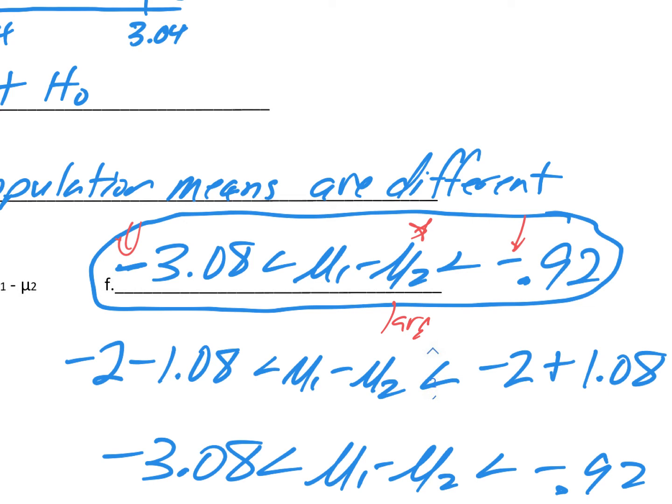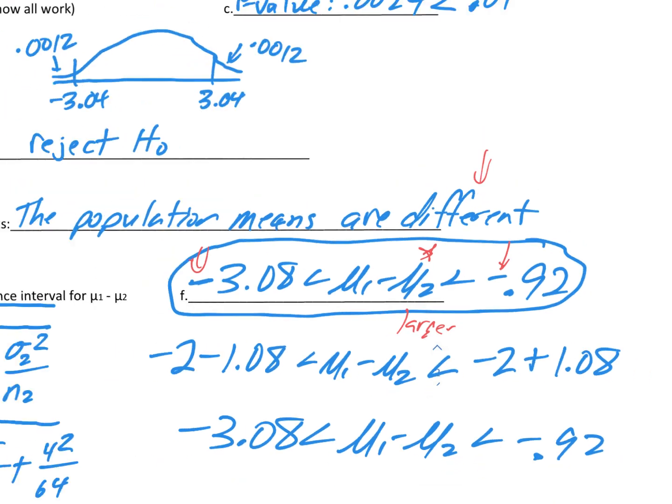If these were both positive, then mu1 would always be larger. Okay? But for our purposes now, for this example, since they're both negative, mu2 is larger. And guys, if mu2 is larger, doesn't it mean that they're different? Yes, they do. So it's kind of verifying what our hypothesis was before.